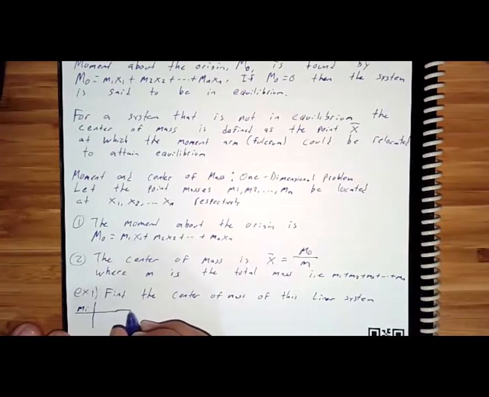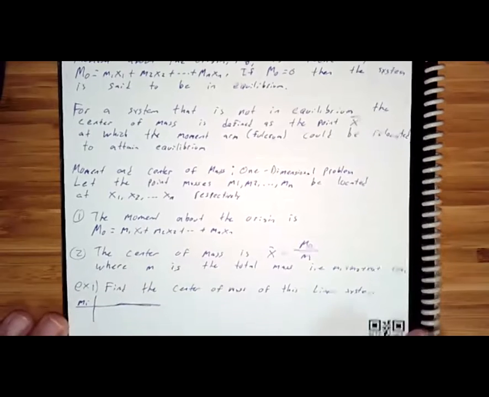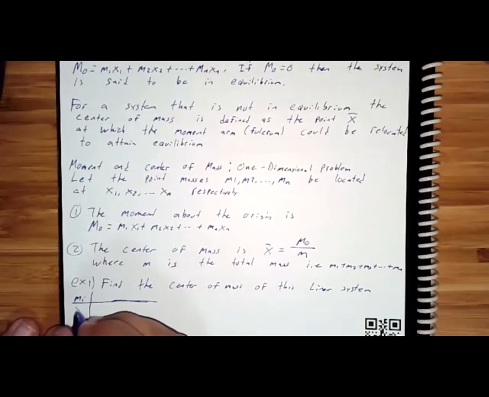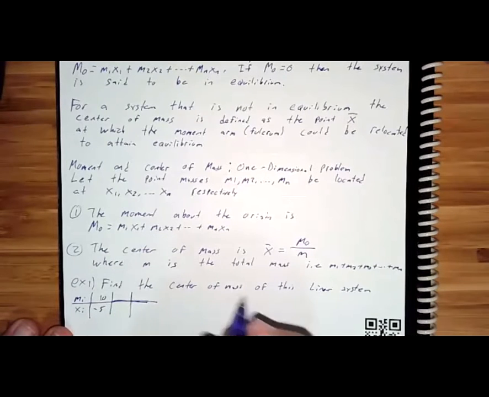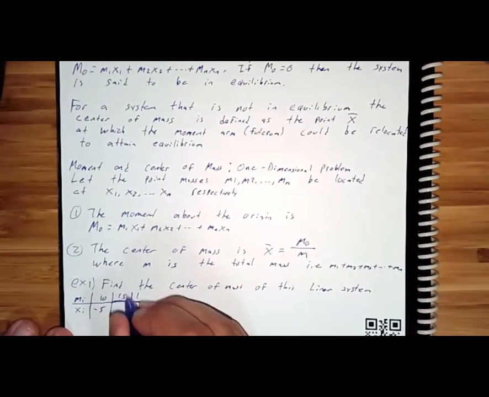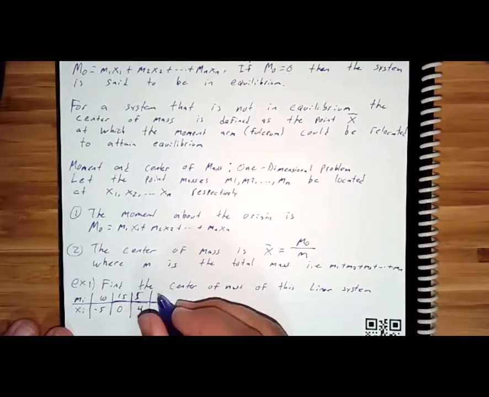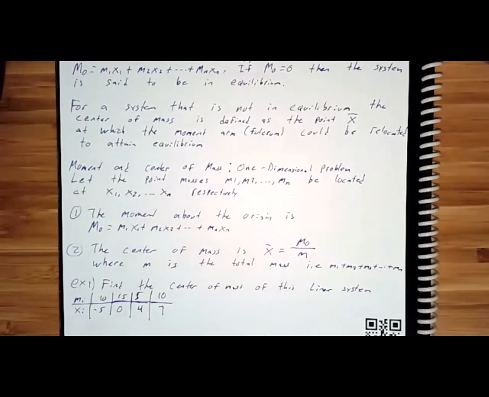If you know all these points are on the line, like maybe a seesaw or something, just write down the masses and the locations on the number line. If you have all the masses, to find the little m, all you have to do is add them up, right? Because they're all point masses.